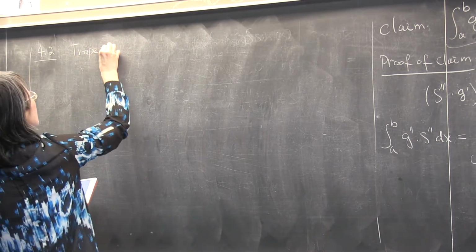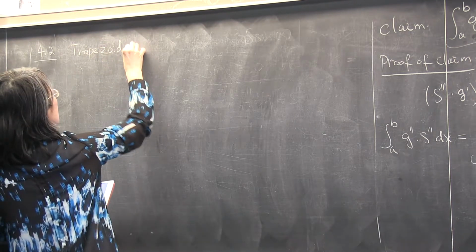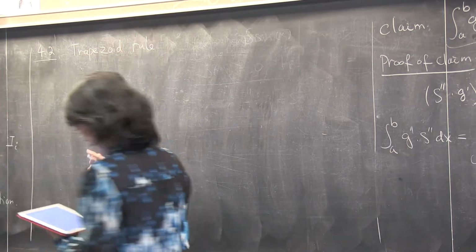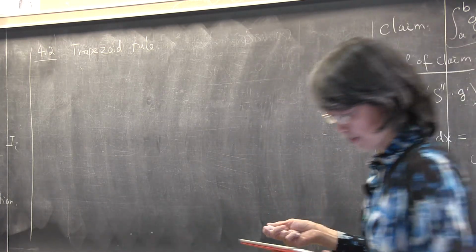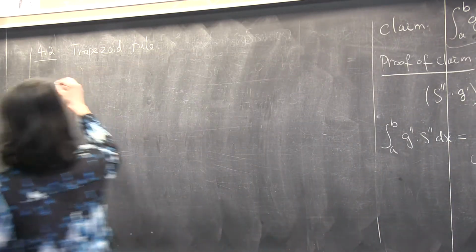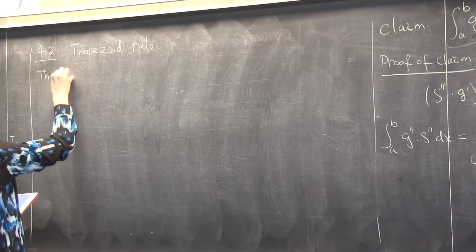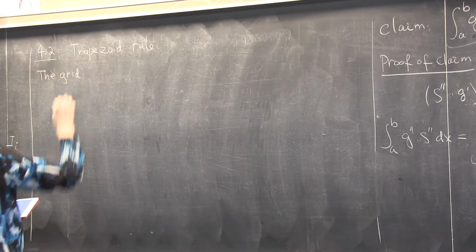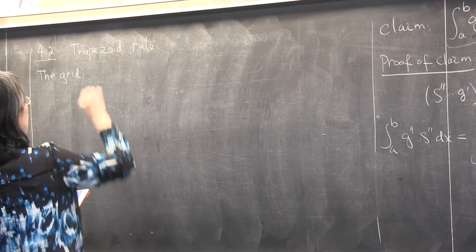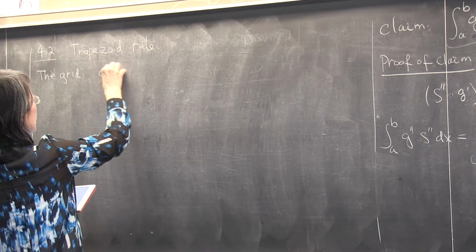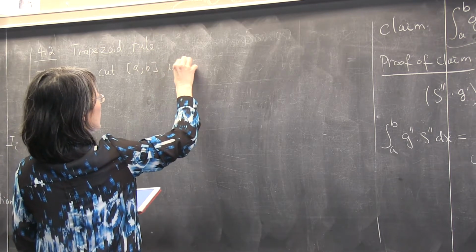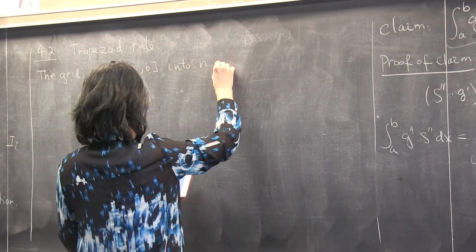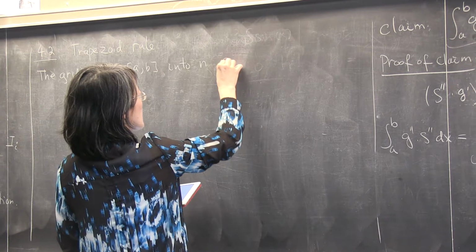So we go one step higher, called the Trapezoid Rule. I'm sure you have heard of it. Have we? The Trapezoid Rule, we have heard of it, right? Okay, so let's set up the grid. We need some notation. Okay, so you have an interval. Cut this interval [a, b] into, let's say, n pieces, n subintervals.